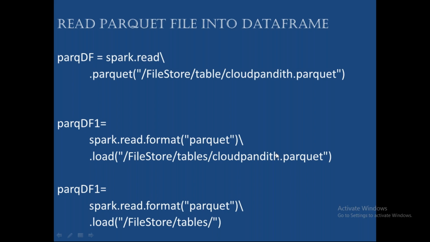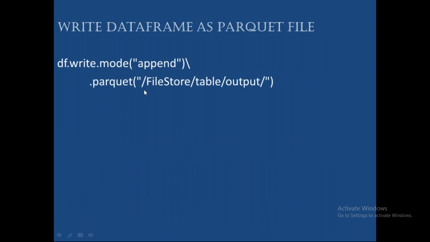You don't need to specify any option explicitly. When writing also, I'm not saying option header equal to true. The schema is written automatically, along with the headers. You just need to say df.write.mode is append or overwrite, and where you need to write.